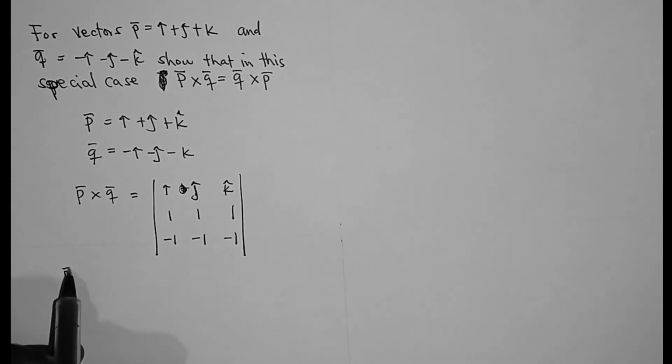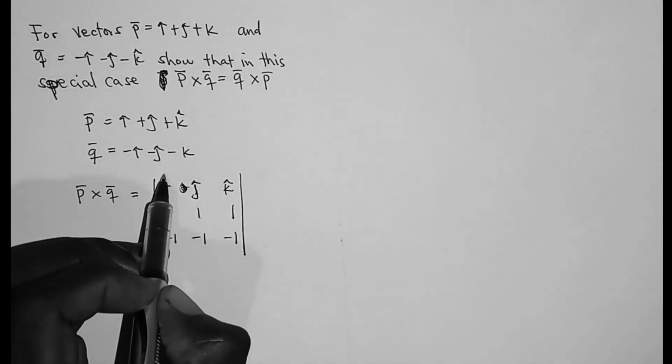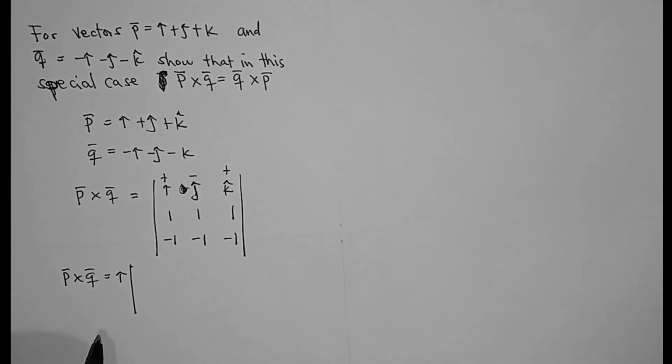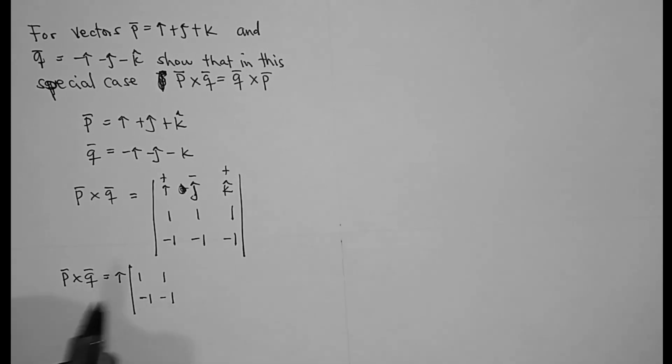So vector p cross vector q is equal to i, this is plus, minus, plus. So i, then you cancel the row and column and write the 2 by 2 matrix left. So this is 1, 1, minus 1, minus 1.